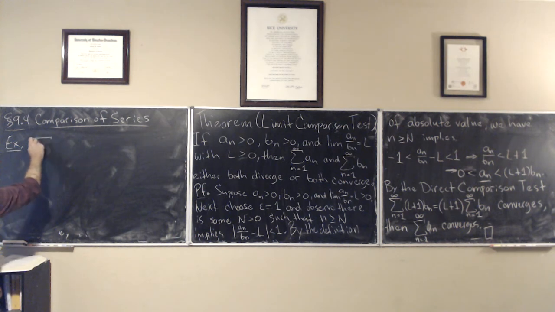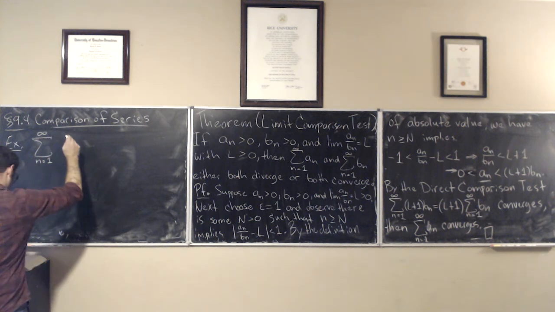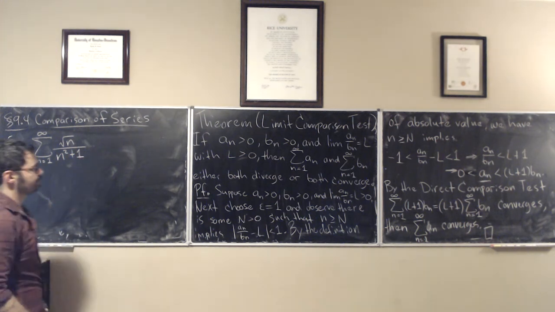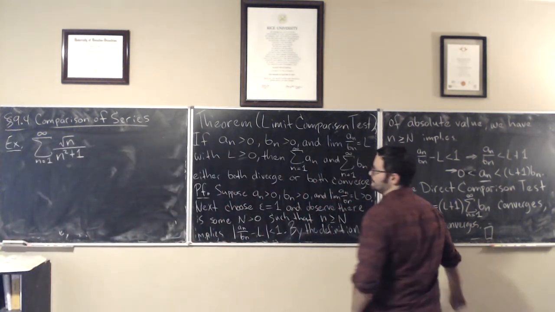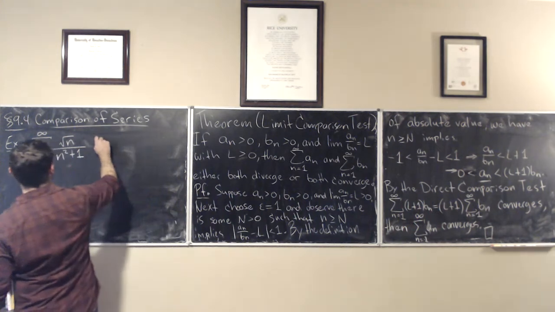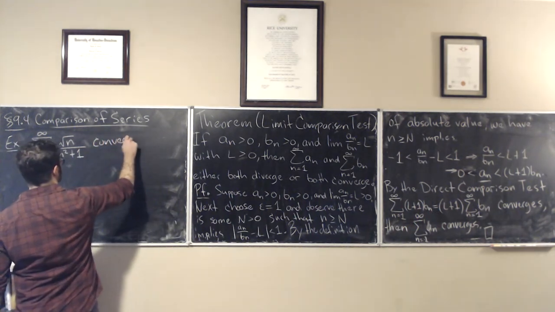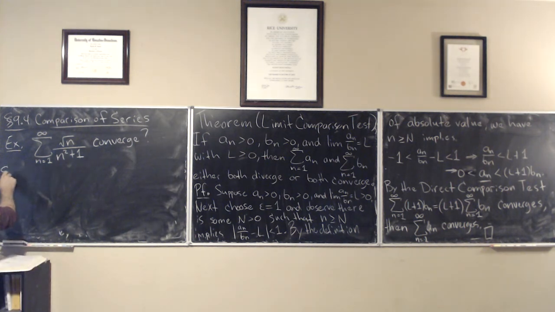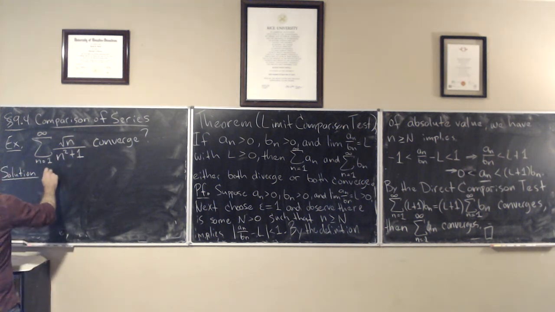Let's see. And then we have root n all over n squared plus 1. All right, so we need to determine if this thing converges. Well, I know by direct comparison this thing is easy. The terms here satisfy the following.